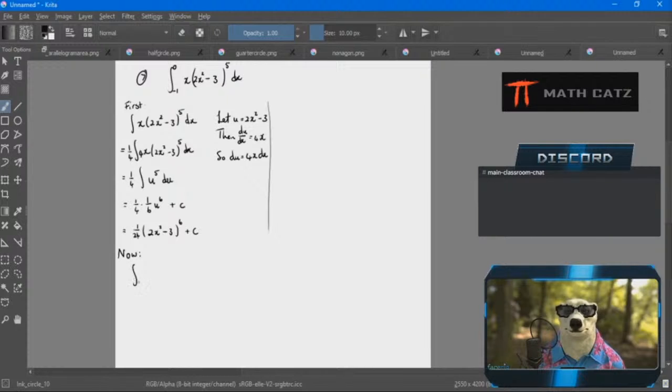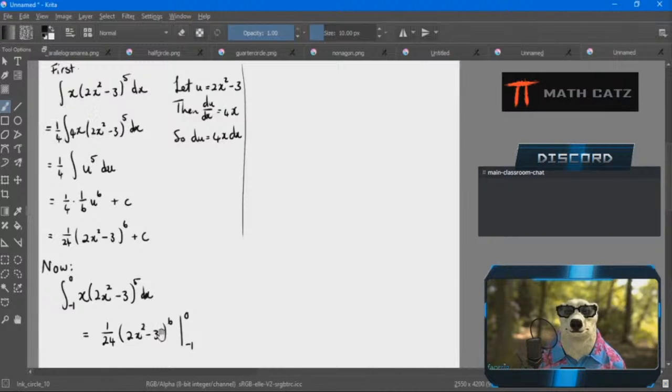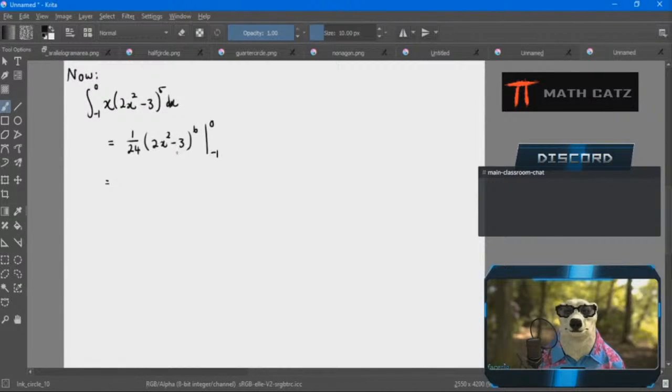Now I can say that my definite integral original question, which was this one, is an antiderivative, which I found separately, with a -1 and a 0 plugged in. I will emphasize once again that we are plugging it in.